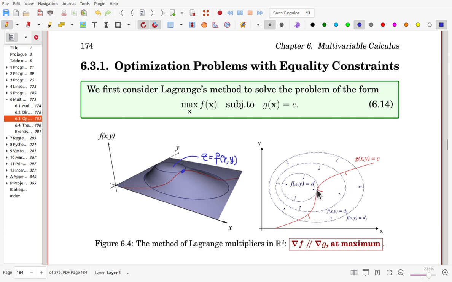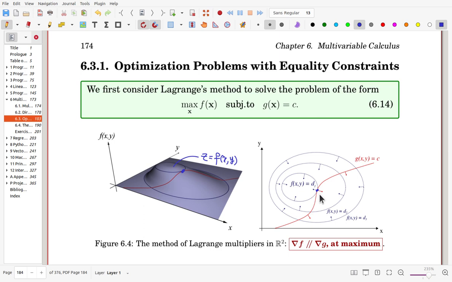However, once we have the maximum, the corresponding point is this one, and then this contour and that curve should be tangent to each other, so the gradient of f and the gradient of g must be parallel.